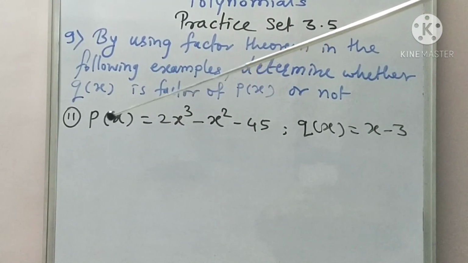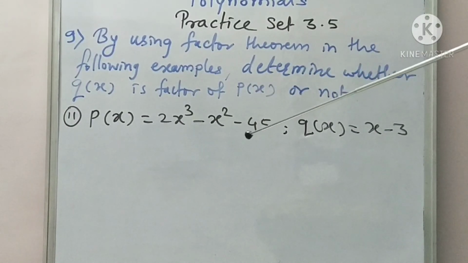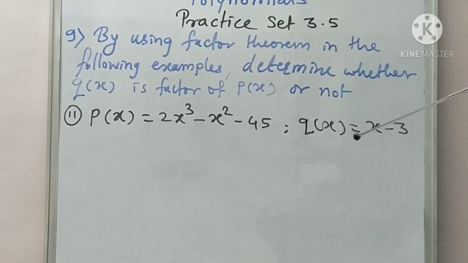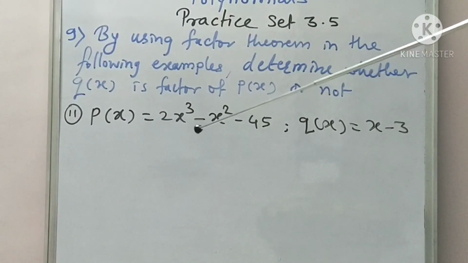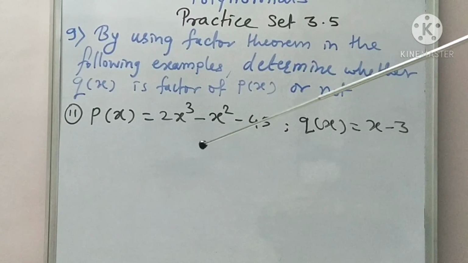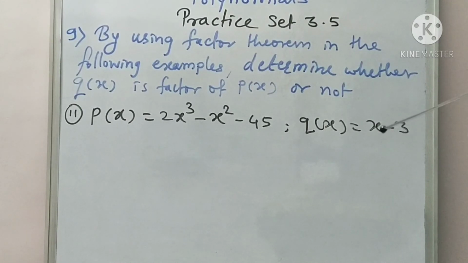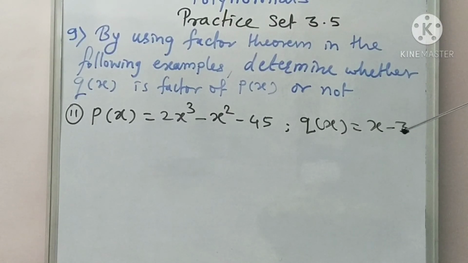So what does it mean? The polynomial p of x is the dividend, and we have to divide it by the divisor x minus 3. So using this factor theorem, students, we find the remainder. How do we get the remainder? For that we put the value of x as the opposite of the constant of the divisor. x minus 3 is the divisor, so the constant is minus 3.